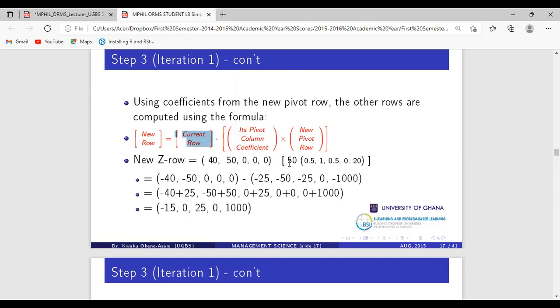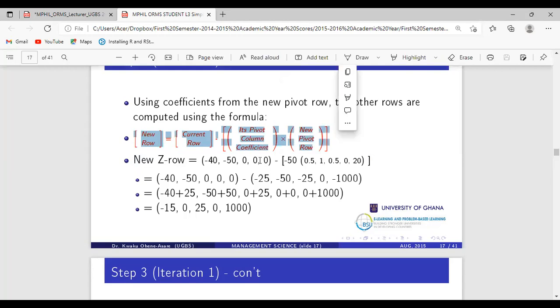You're going to multiply that -50 by the new pivot row values that we have found. So this is how your equation will look: the current values in one bracket minus a bigger bracket, because the -50 is going to multiply the values in this bracket. So we will open this bracket first before we go ahead. This is all that this equation is saying.